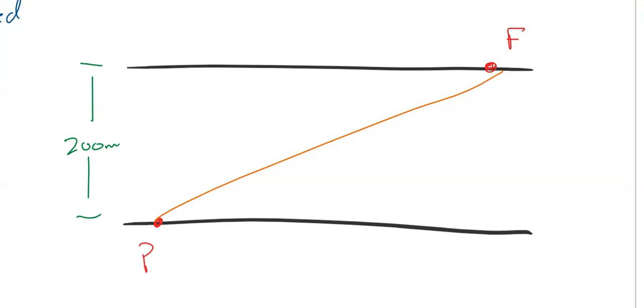Remember? Okay. Yeah. So this length would be the hypotenuse of a right angle triangle that goes like this, right? With side lengths 200 and 400. Is that right? So I'm just going to do this quickly on my calculator.